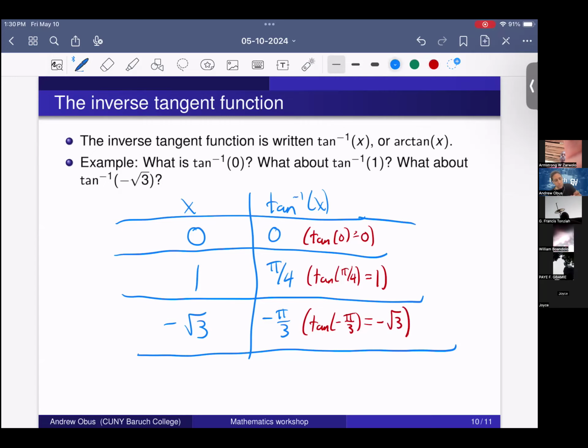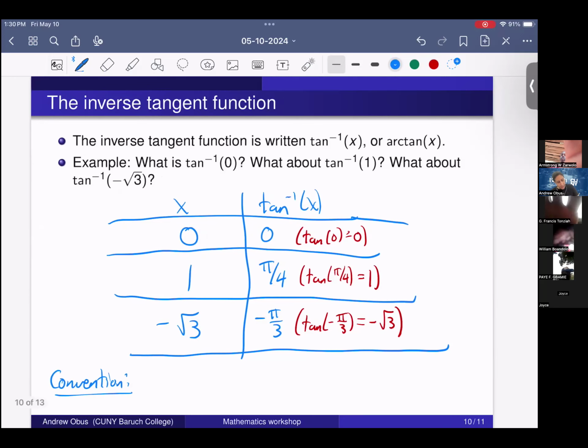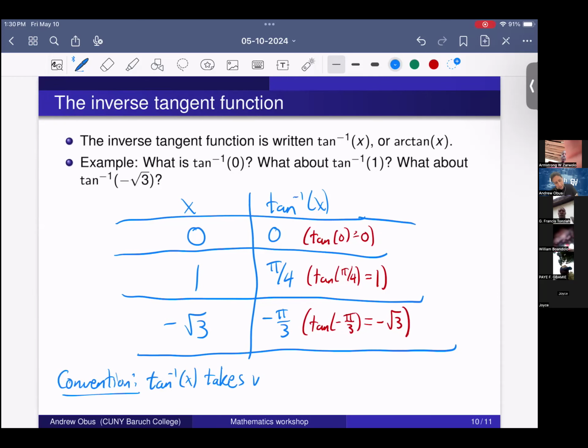Okay, and similarly to sine, our convention for tangent is that tangent inverse of x takes values only between minus pi over 2 and pi over 2. So this is like sine inverse.